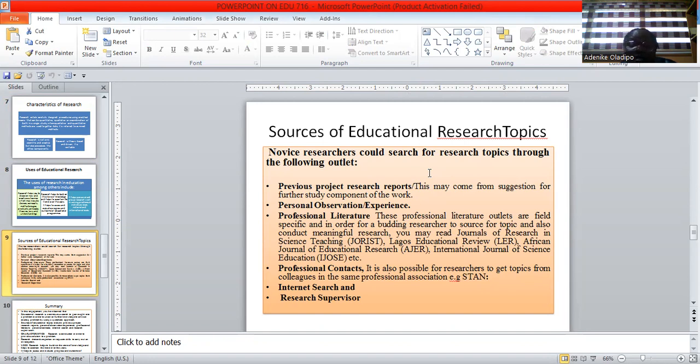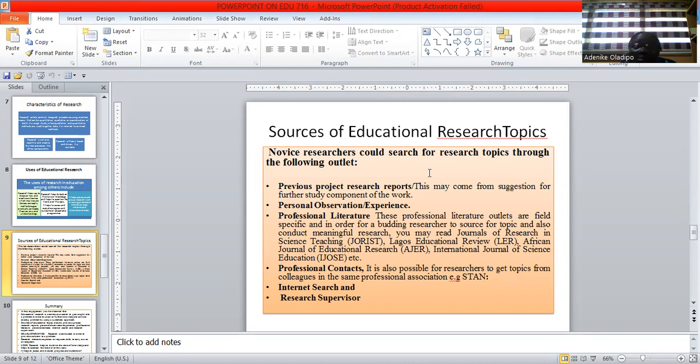Professional contacts. It is possible for researchers to get topics from colleagues in the same professional association. Most of the time when you gather for conferences, the areas of challenges are being talked about, and such areas could be picked up by you.